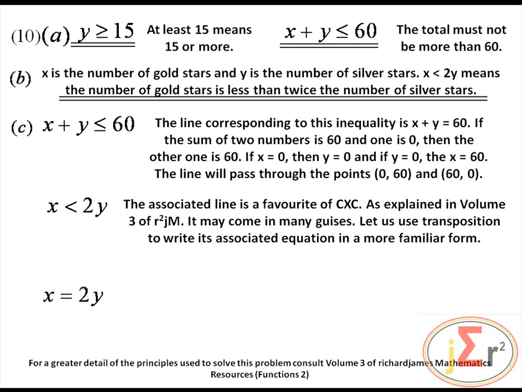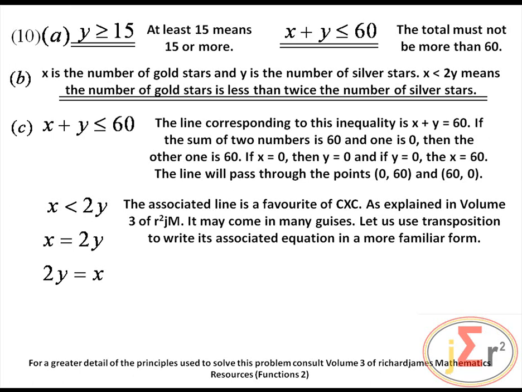We are transposing the equation of the line that is associated with the inequality. So the line that is associated with the inequality is X is equal to 2Y. And we are going to transpose that one. Exchanging sides, 2Y is equal to X.